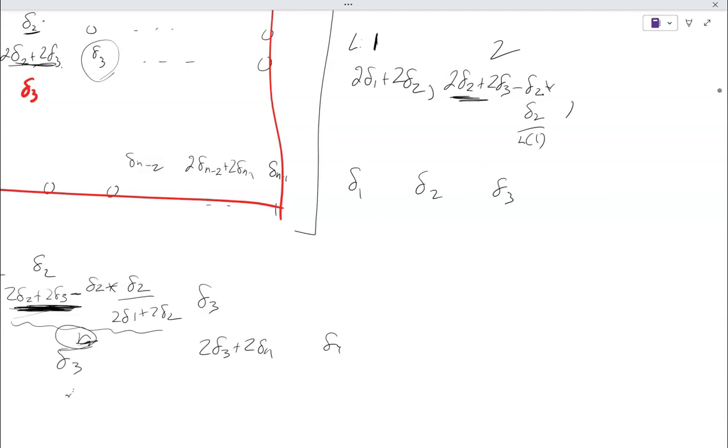The next one over would be what? What would the corresponding part be for this part? Good. Yep, and then minus delta 3 times L2.